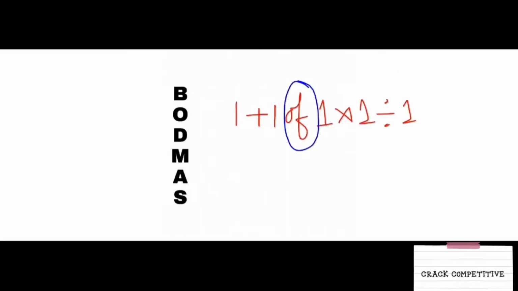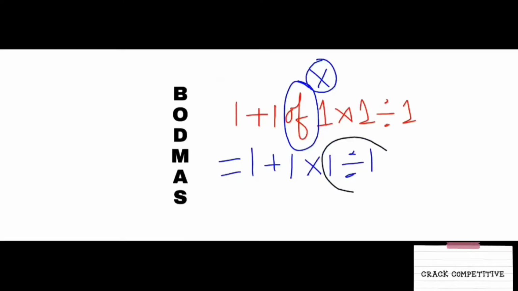So how will you solve this? It is 1 plus, first 'of', right? 1 of 1. 'Of' means into, 'of' means multiplication, but it is considered earlier. So solve 'of' first, 1 of 1, then 1. Now what will you do? We will do this part: 1 plus 1, 1 divided by 1 means 1 into 1.